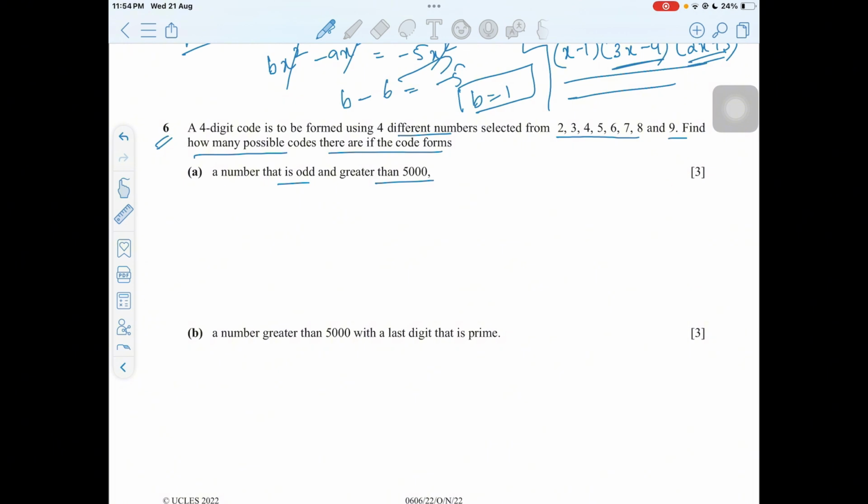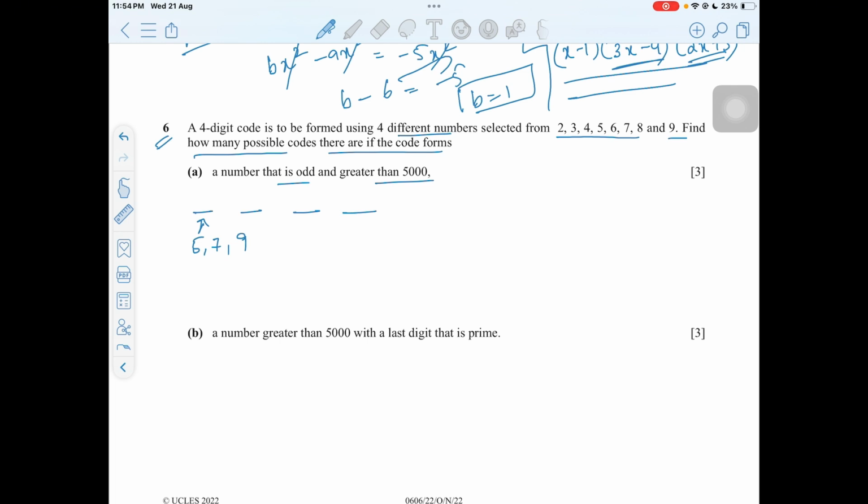We'll be taking two cases over here, where first we have, here we can have 5, 7, and 9, right? No even numbers are added over here, right?